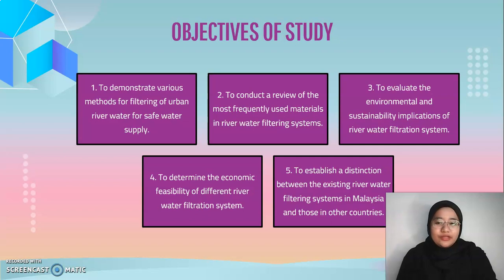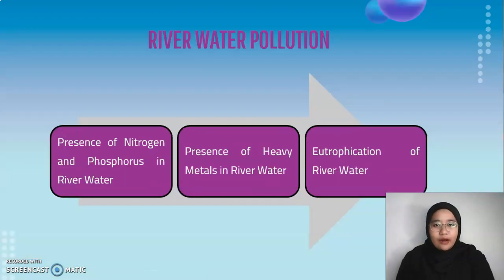Now we go to river water pollution. The presence of nitrogen and phosphorus in river water: nitrogen and phosphorus are two critical biogenic components that often regulate total reproduction in aquatic environments. Presence of heavy metals in river water: according to Zhao and others in 2015, industrial waste with a high concentration of heavy metal pollutants was released into the environment without being properly treated or recovered.